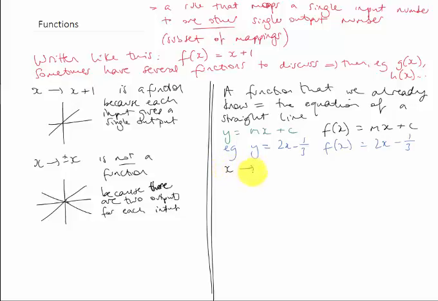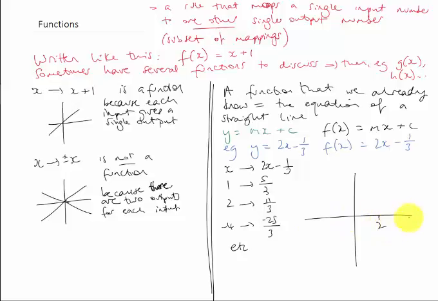So if x is transformed to give 2x minus 1/3, then that means if x is equal to 1, then the function gives us 5/3. If x is equal to 2, then the function gives us 11/3. If x is equal to minus 4, then we get minus 25/3, etc. These are just a few examples.